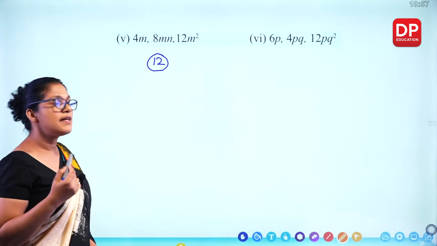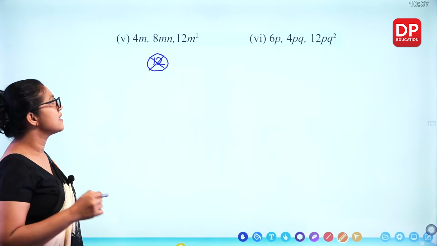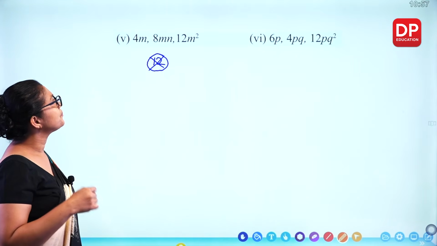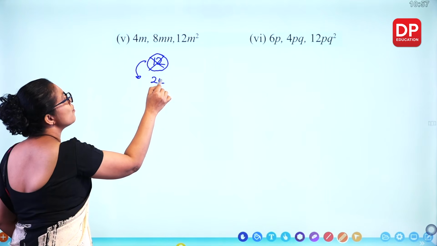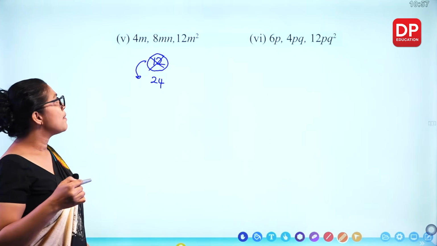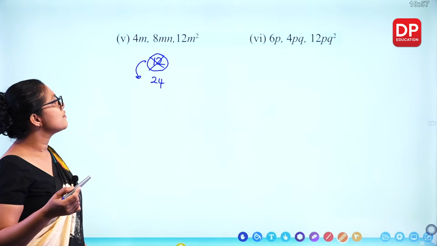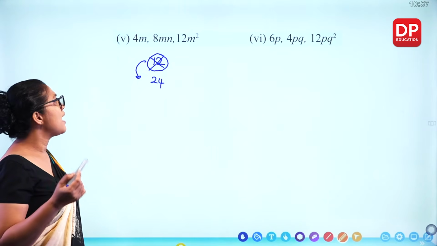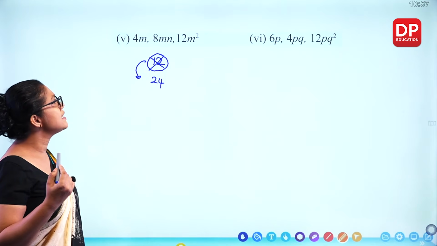Yes, but it's not divisible by 8, so you have to ignore that. Now look at the next multiple of 12, you get 24. 24 divided by 4, you get 6. 24 divided by 8, you get 3. 24 divided by 12, you get 2. So that means 24 is the least common multiple of 4, 8, 12.